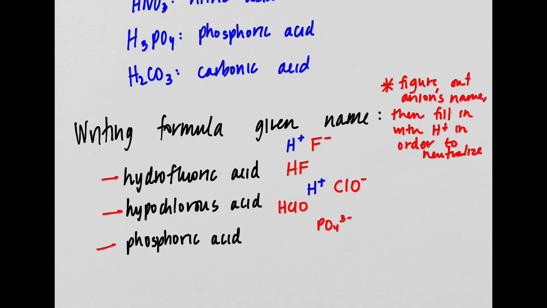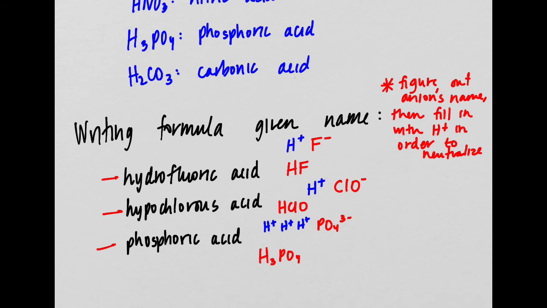So we have phosphate here. How many hydrogens am I going to need in order to balance that? I'm going to need 3 of them. H plus, H plus, H plus. Obviously, we don't write HHHPO4. The way that we would write phosphoric acid would be H3PO4. There we go.